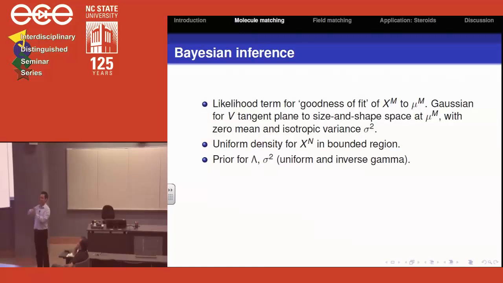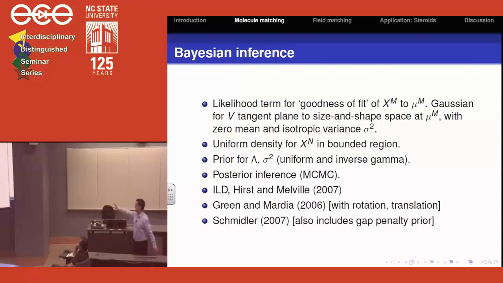Another model just saying the region in which the unmatched points are, and then I say in advance a distribution for the parameters, the lambda and the sigma squared. And I'm going to assume that I don't really know much at all about the lambda and the sigma squared, that they have diffuse priors or not much information. And then I can do inference on all these parameters using Markov chain Monte Carlo simulation. So it's not easy to simulate from or do inference, but you can simulate from the posterior and do your inference.